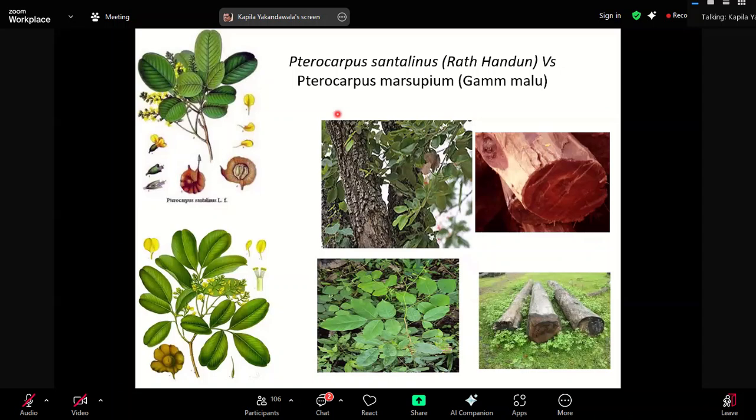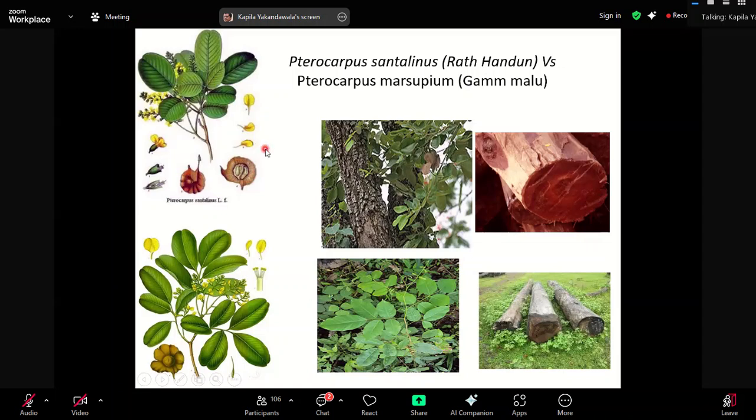I'm not quite sure. But during the visit, our people gave a Rathandun, Santalum album, Pterocarpus santalinus plant for him to plant, to commemorate his visit, to honor him. Our people gave a Rathandun seedling.